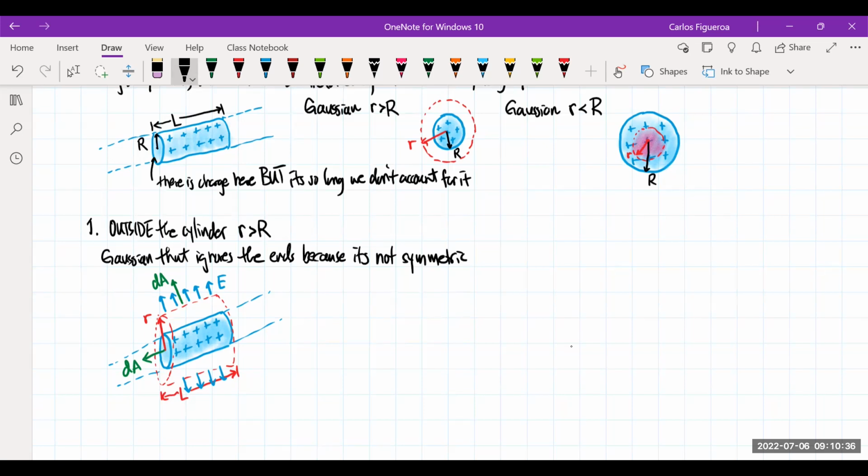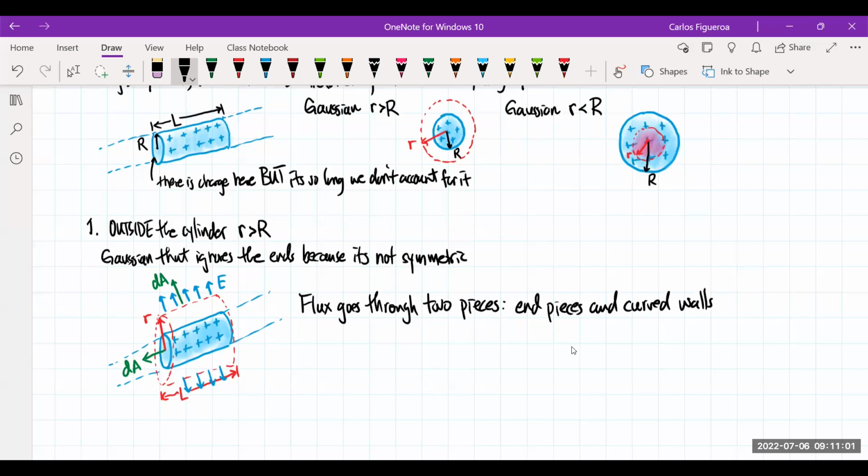So if I focus on the flux, we then see that the flux goes through two pieces. One is the end pieces and the curved walls. So when I'm seeing this, this is what I'm seeing here now. So let's focus on the end pieces.